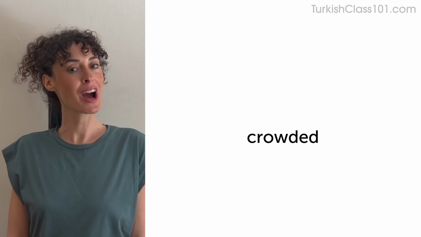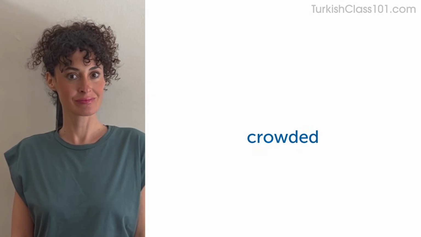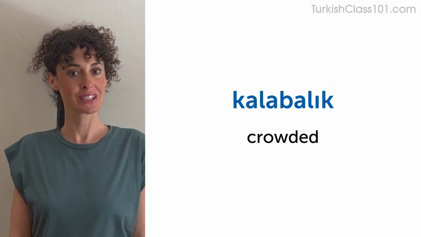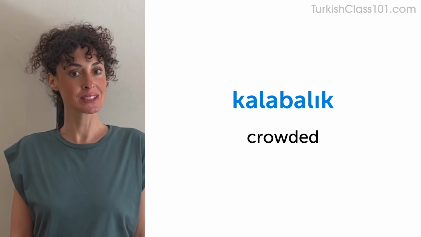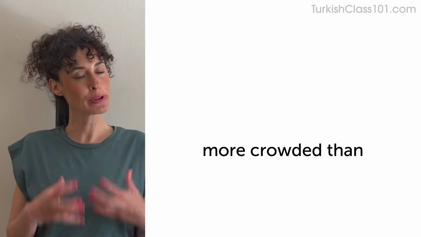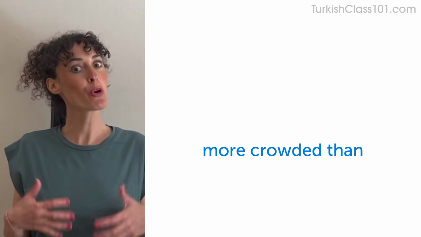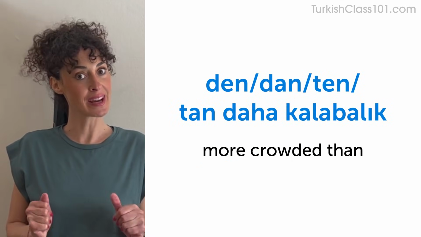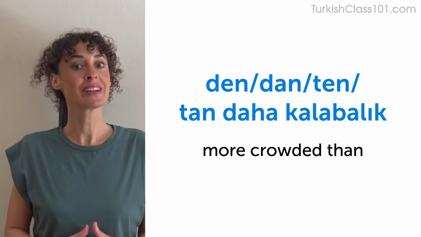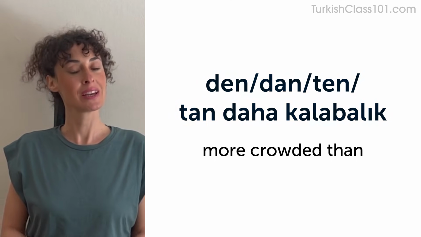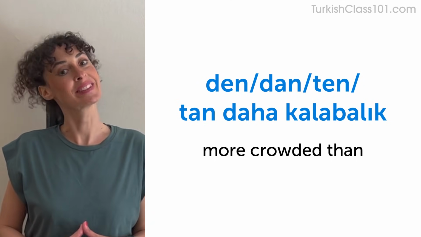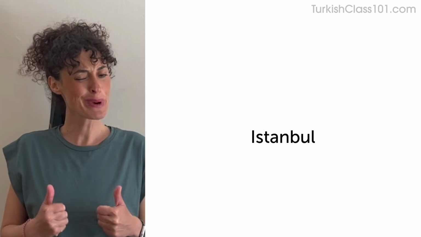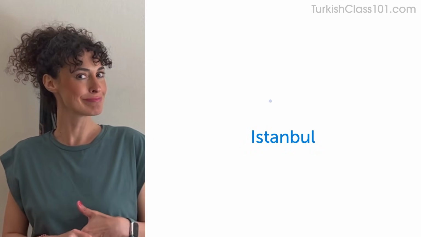Do you remember how to say crowded? Kalabalık. Do you remember how to say more crowded than? Den, dan, ten, tan, daha kalabalık. Do you remember how to say Istanbul?